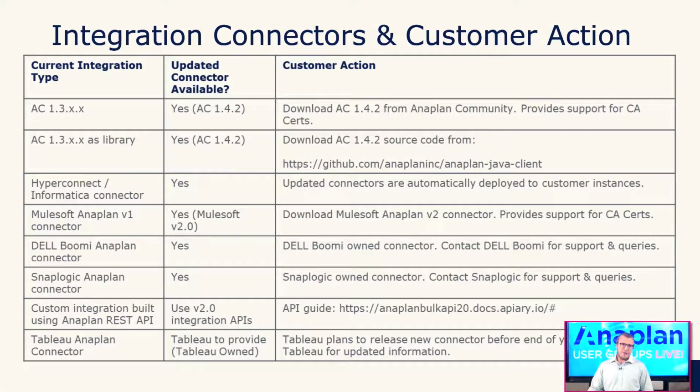For anyone using an ETL tool with a connector, so that's Informatica, MuleSoft, Dell Boomi, and SnapLogic, those connectors already have the software development done, where we can just consume the JKS or certificates. If you're using a custom API, that will be up to you to redo the code so that you can consume the CA certificate.